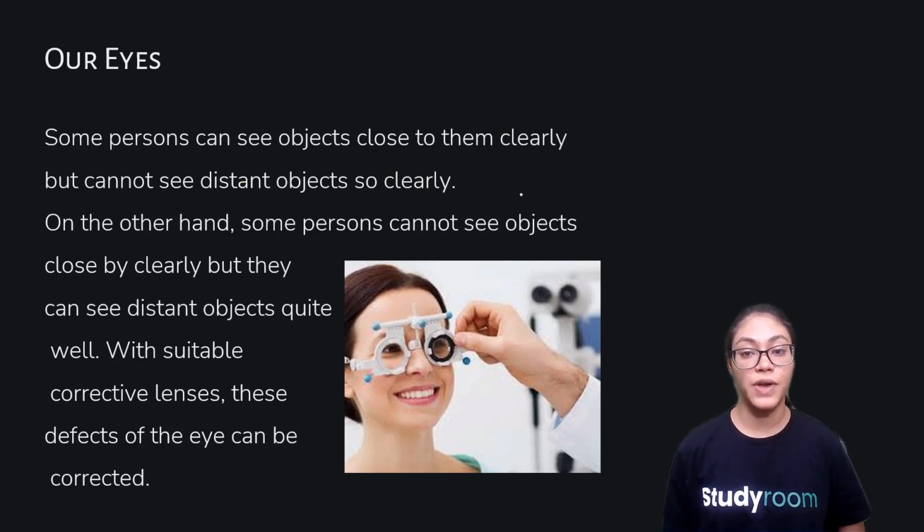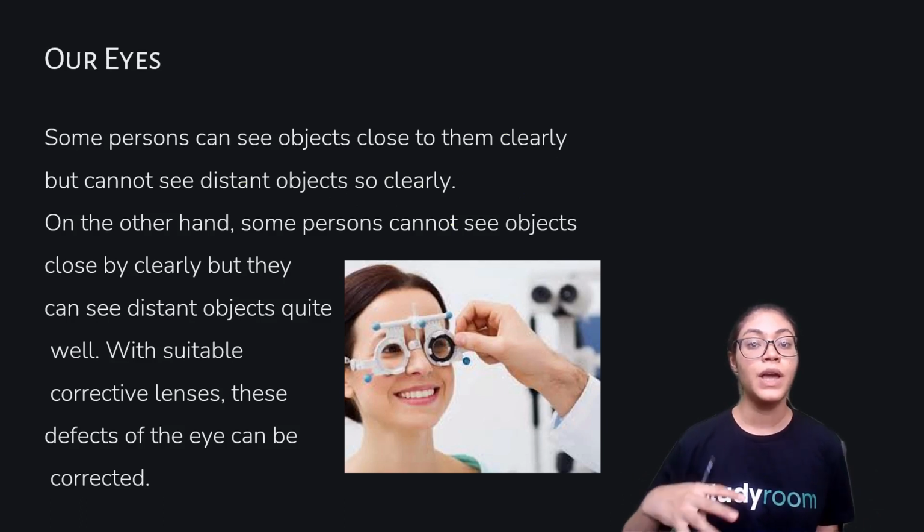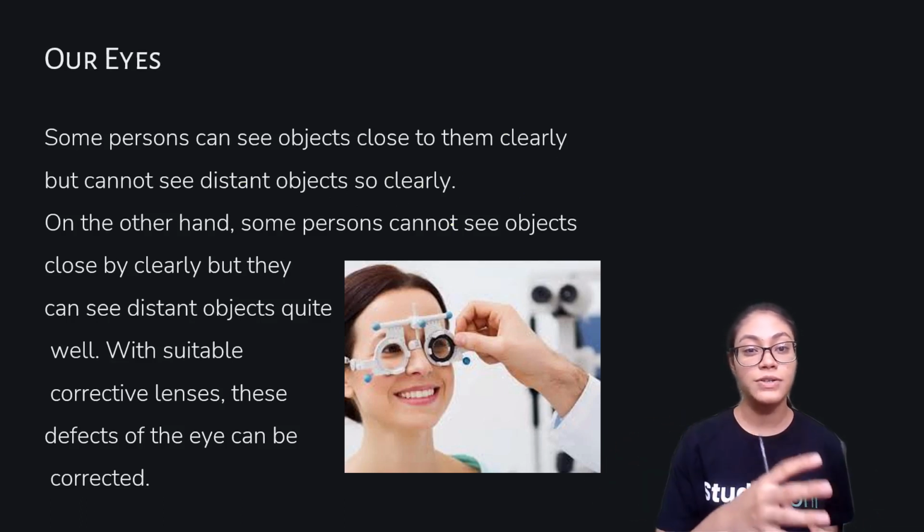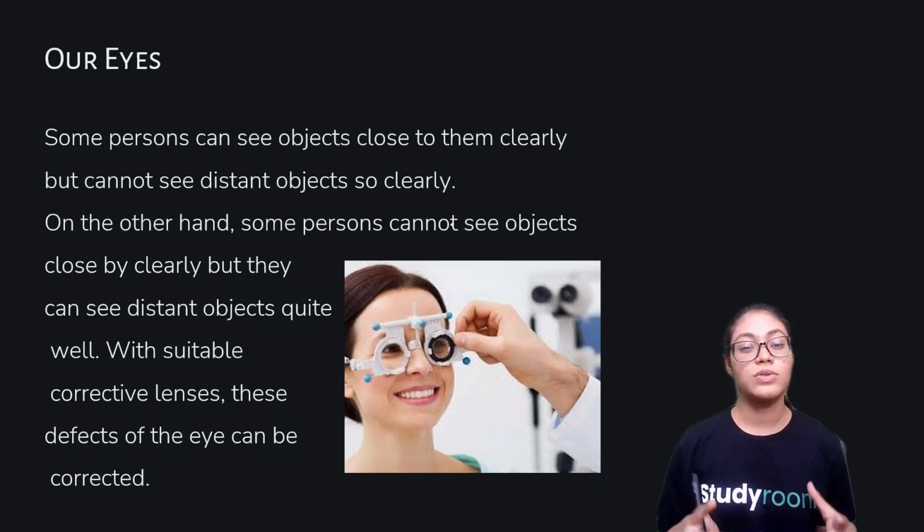So these are the defects of the eye. That's why they have to wear specs. On the other hand, some people can see distant objects clearly but cannot see the objects close to them clearly. So, even they have to wear specs. With suitable corrective lenses, the defects of the eye can be corrected, right?